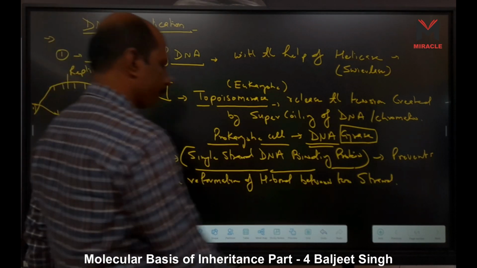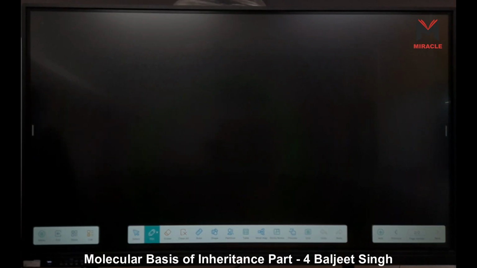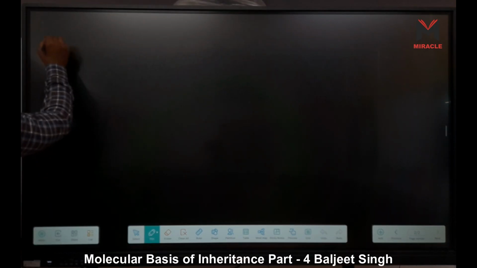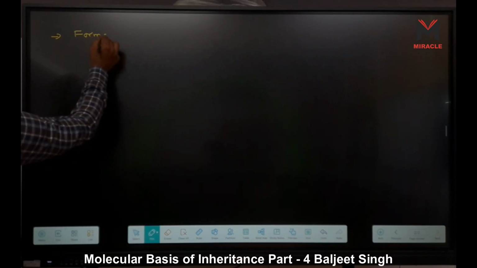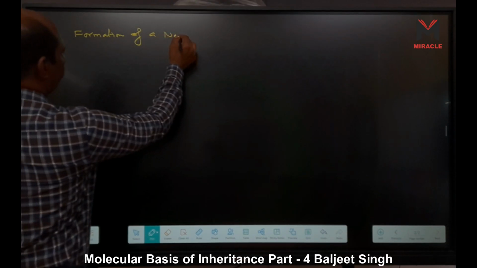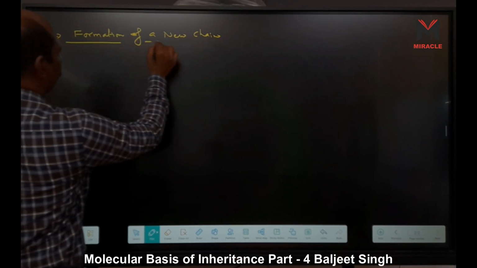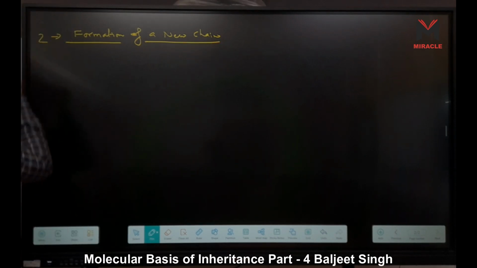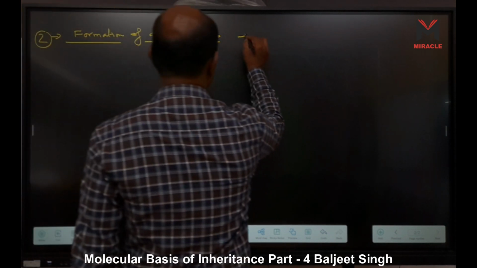Now the second step. Second step means what? It is the formation of a new chain. Second means initiation, we can say, or formation. Directly coming to the formation of a new chain, right? In the formation of a new chain, what happens?